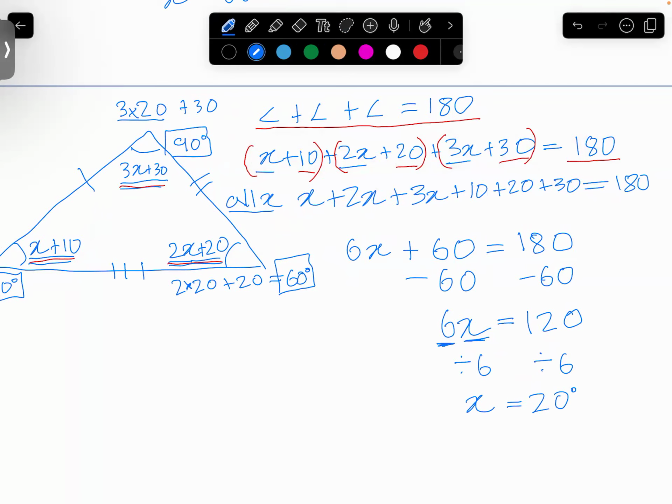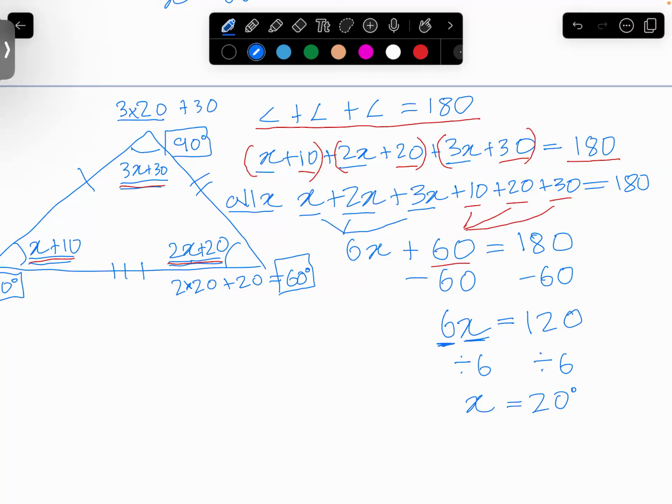So now this means that we just need to add all the individual numbers up. So essentially we just rearranged it. So this x, 2x, and 3x adds up to become 6x, and this 10, 20, and 30 adds up to be 60.